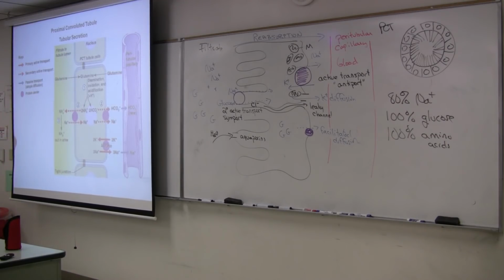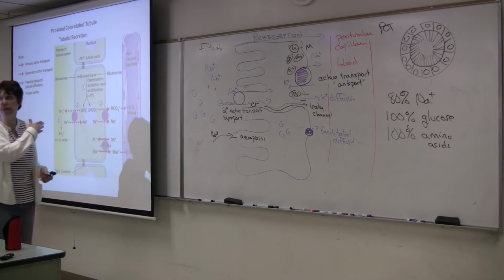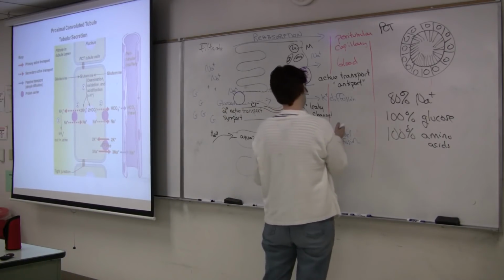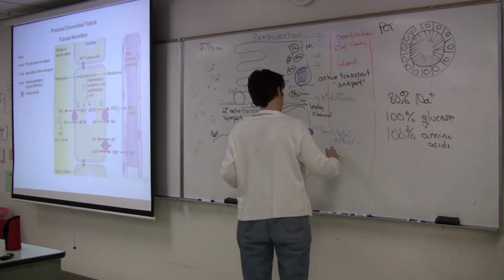But secretion is in the opposite direction. So at the top of your lecture notes talking about secretion on page 22, draw an arrow going from the blood back to the filtrate. So secretion is going to be in this direction.